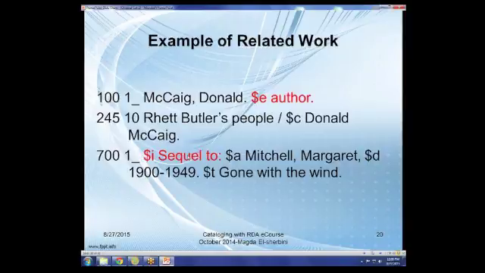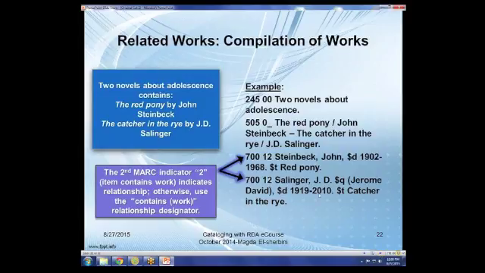So you could replace that with contains in this record here, where you have a compilation of different works. Again, this is probably fancier than you want or need to get, but under RDA, that is a legitimate thing you can do.